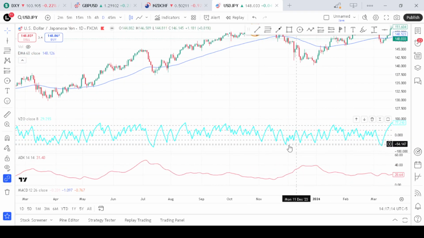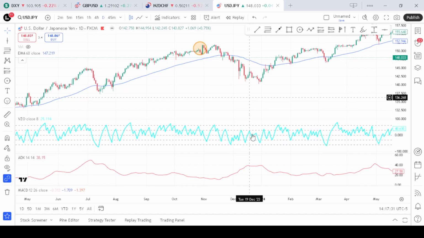Areas where it is below minus 60, in this area, it indicates that selling pressure has reached its limit and a reversal to the upside could occur. And this can be an opportunity to be looking for a buy setup. And at this area, price decided to go to the upside.